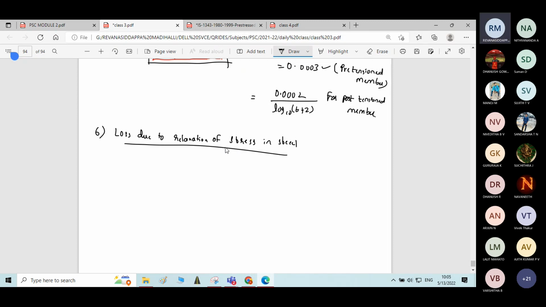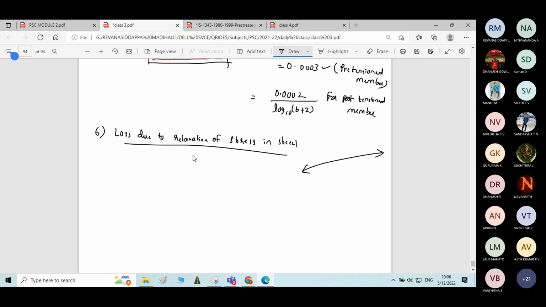If you take any elastic material and it is kept stretched for a long period of time, it will lose its elastic property. In that way, there will be relaxation of stress in the steel. So there will be reduction in stress with time at constant strain in the steel.